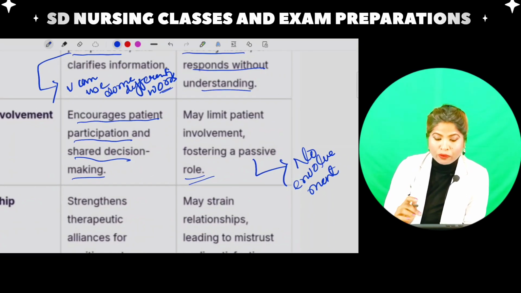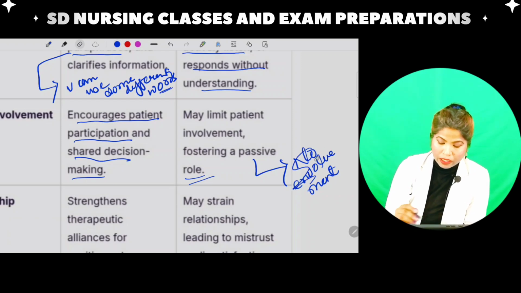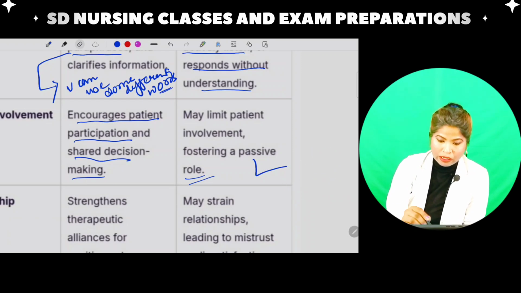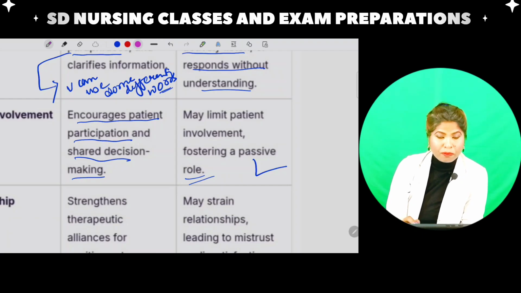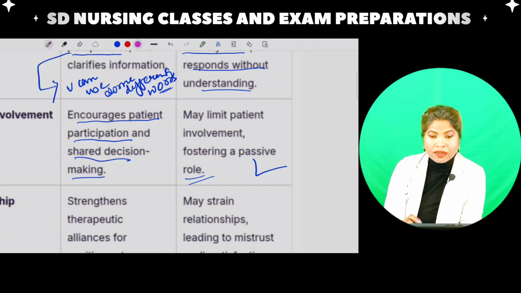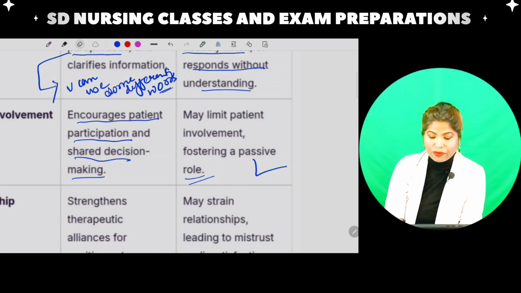But in non-verbal, what happens? The patient's involvement is very limited because you are not encouraging the patient. Then fostering a positive role, yes, you are lacking this positive role.